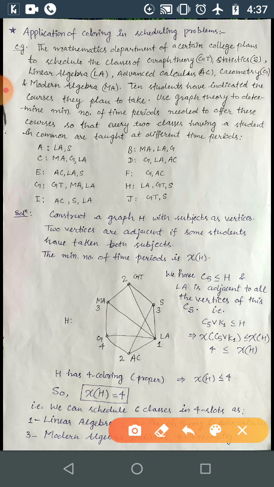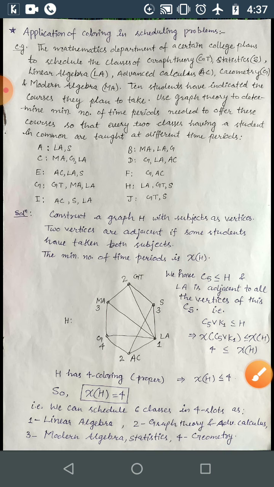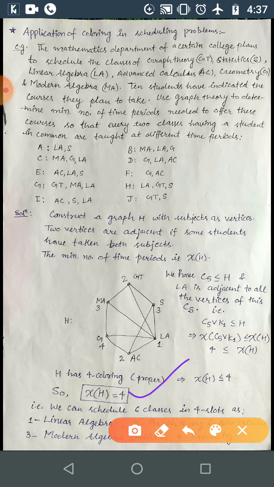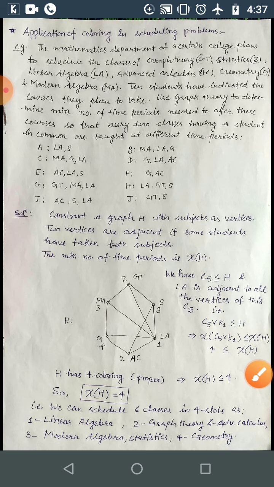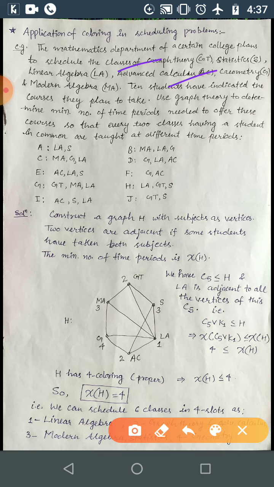Or if you are able to show that the minimum coloring is 4 only, that there does not exist any smaller coloring, then that shows the chromatic number of this graph. So anyway, we have got the chromatic number of this graph H is 4, which means we can schedule these 6 subjects, 6 courses, 6 classes, in 4 slots.